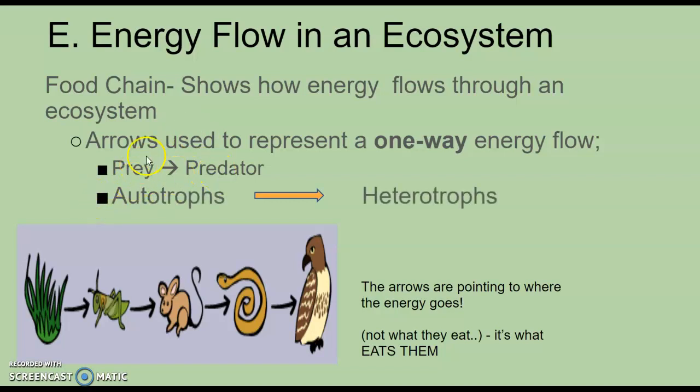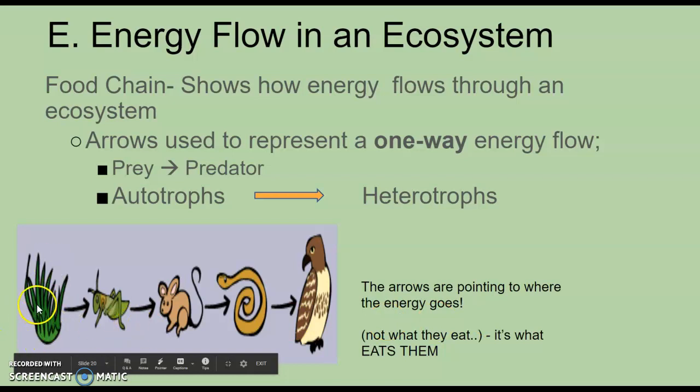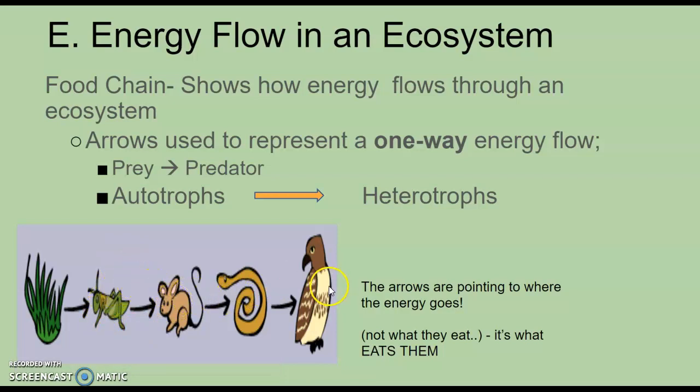And it's going to be shown from the prey pointing to the predator. Prey is what gets eaten, predator does the eating. So in other words, the autotrophs, heterotrophs. These arrows are pointing to where the energy goes. So the energy from this plant goes to the grasshopper. The energy from this grasshopper goes to the mouse, and so on and so forth.